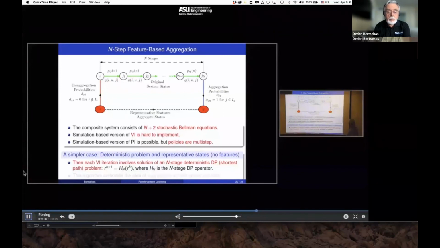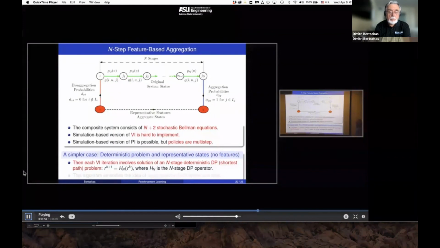Okay, so now value iteration involves the solution of an n-stage deterministic problem. There is a minimization across the stages, but this is deterministic. So that means a shortest path calculation over the n stages.